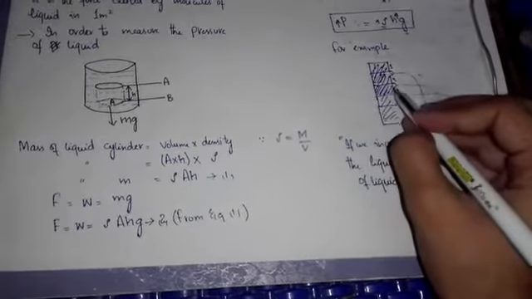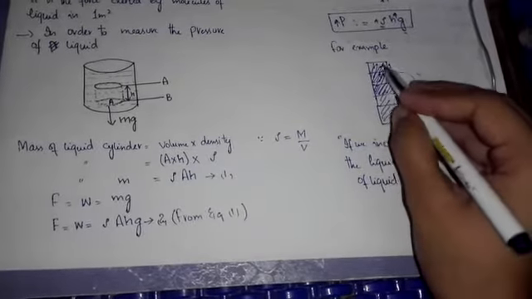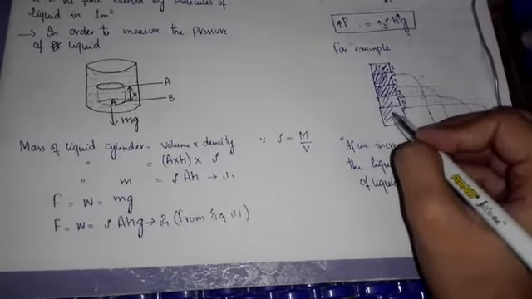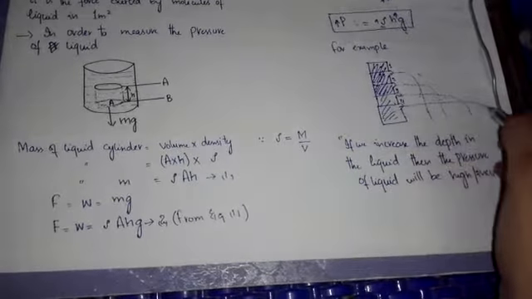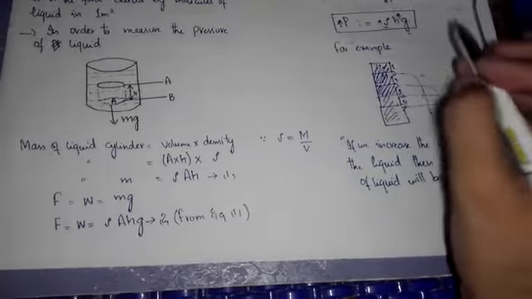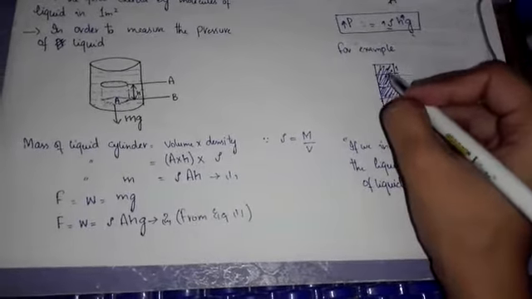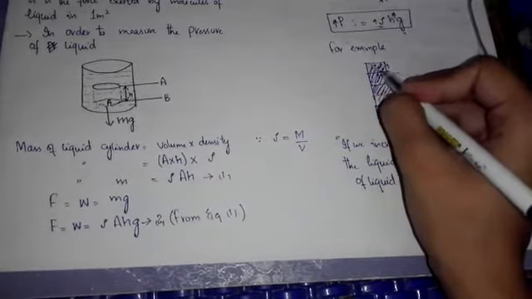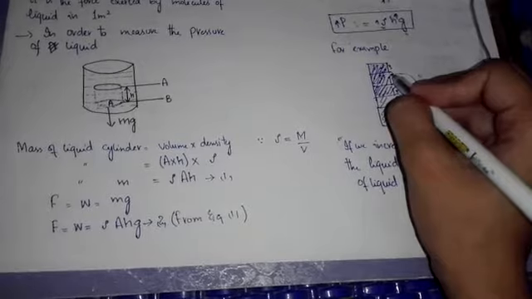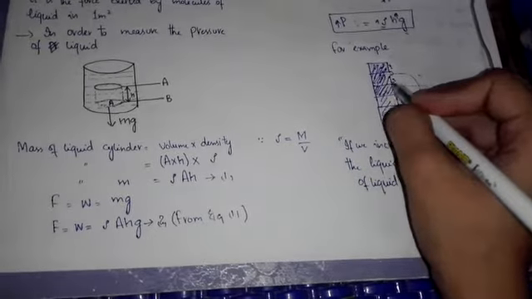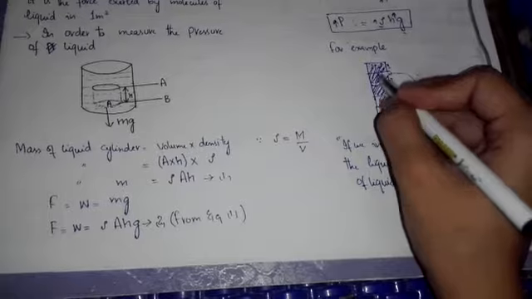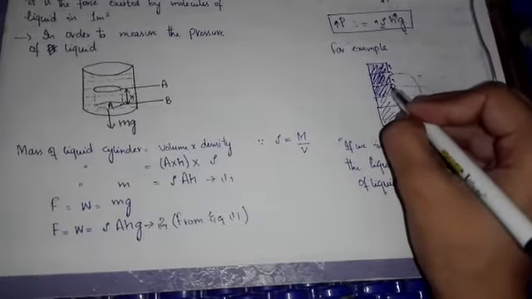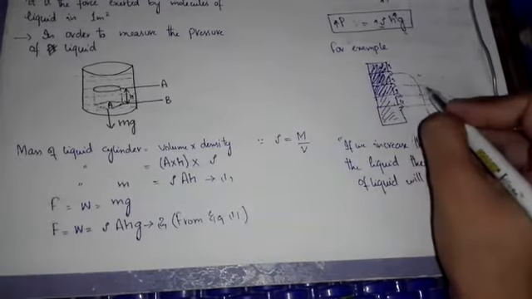As you can see, as we increase the depth in the liquid, the pressure goes much higher, because at this point only this number of particles are present that exert some force, but at this point there are a lot of particles that exert force on the liquid, therefore the pressure at this depth will be higher.